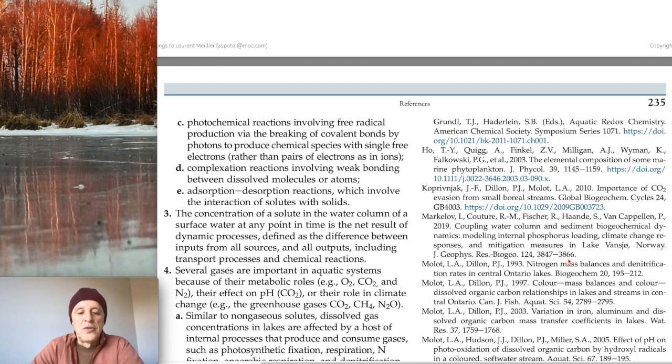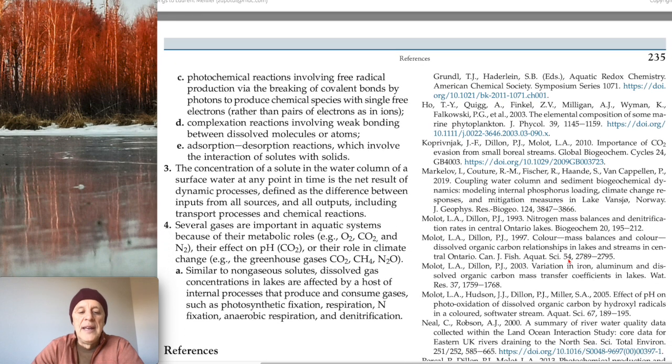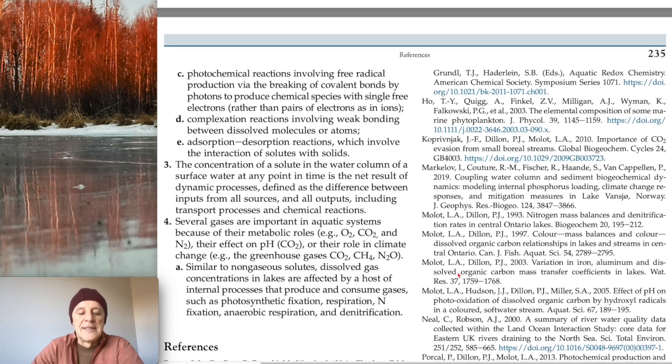The concentration of a solute in the water column of a surface water at any point in time is the net result of dynamic processes defined as the difference between inputs from all sources and all outputs, including transport processes and chemical reactions. Several gases are important in aquatic ecosystems because of their metabolic roles. For example, oxygen, carbon dioxide, and nitrogen, their effect on pH, such as CO2, or their role in climate change, such as these greenhouse gases.